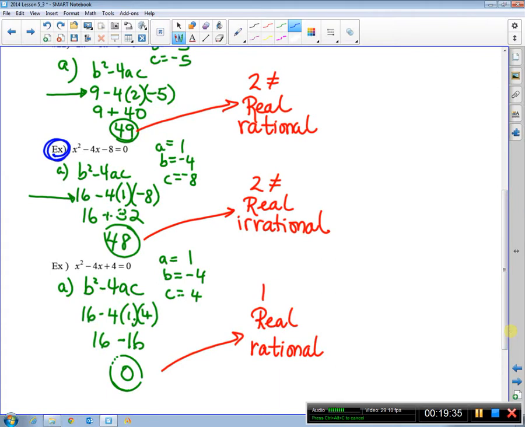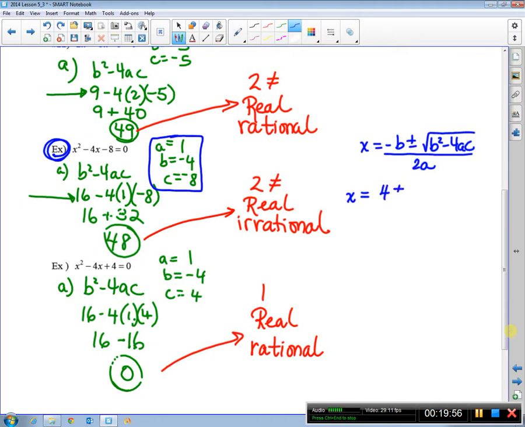So I'm going to use the quadratic formula. X equals negative b plus and minus square root b squared minus 4ac all over 2a. And I'm really all set up because I've already got my a, b, and c. So I'm going to put negative of negative b in, 4 plus and minus.